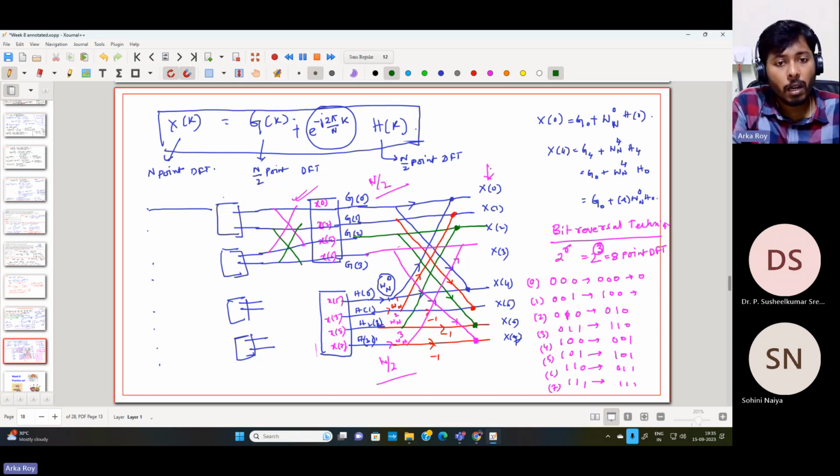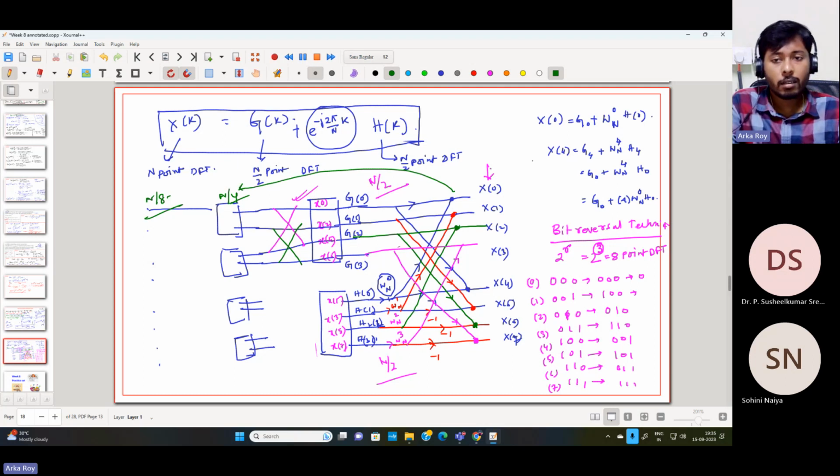This part is your N by 4 point and this part is your N by 8 point. In this way, we can go from right to left and create the overall butterfly structure.